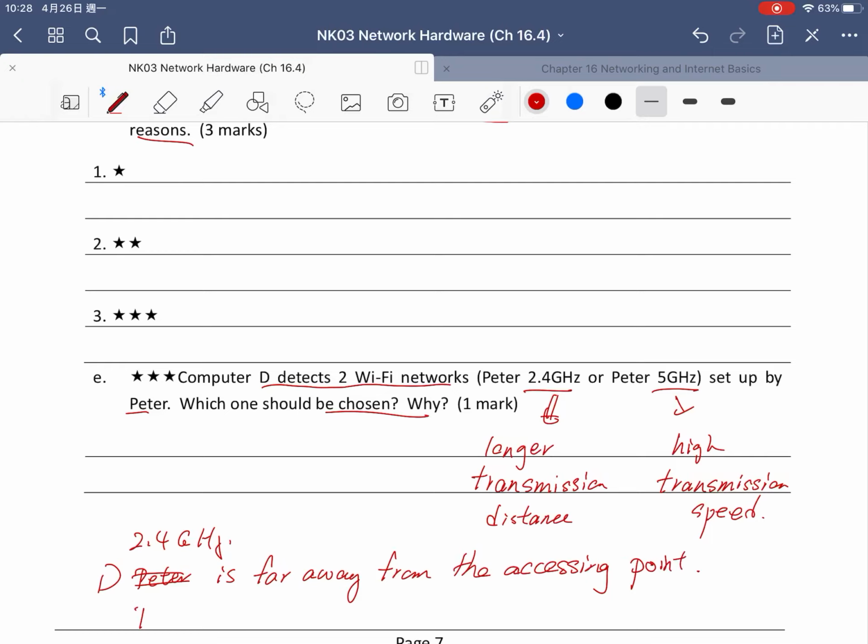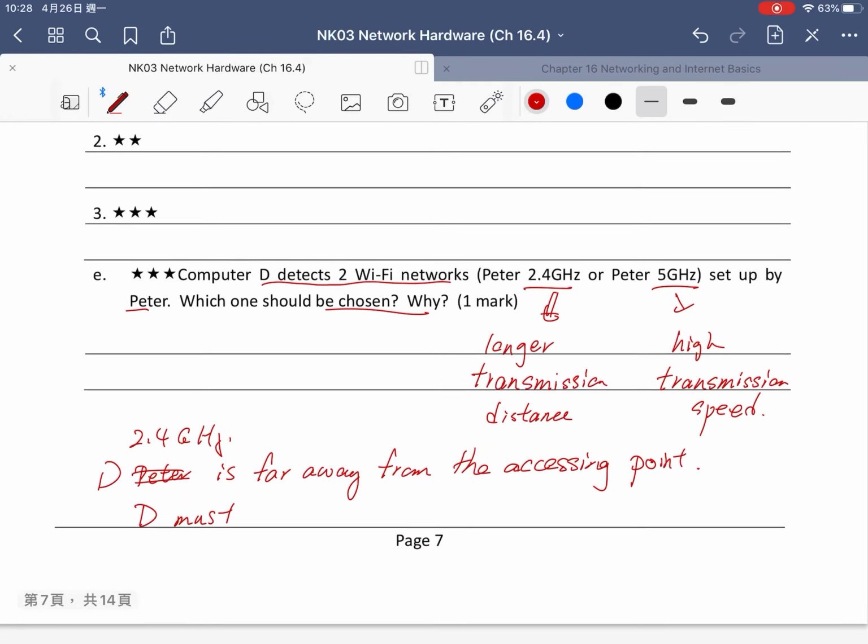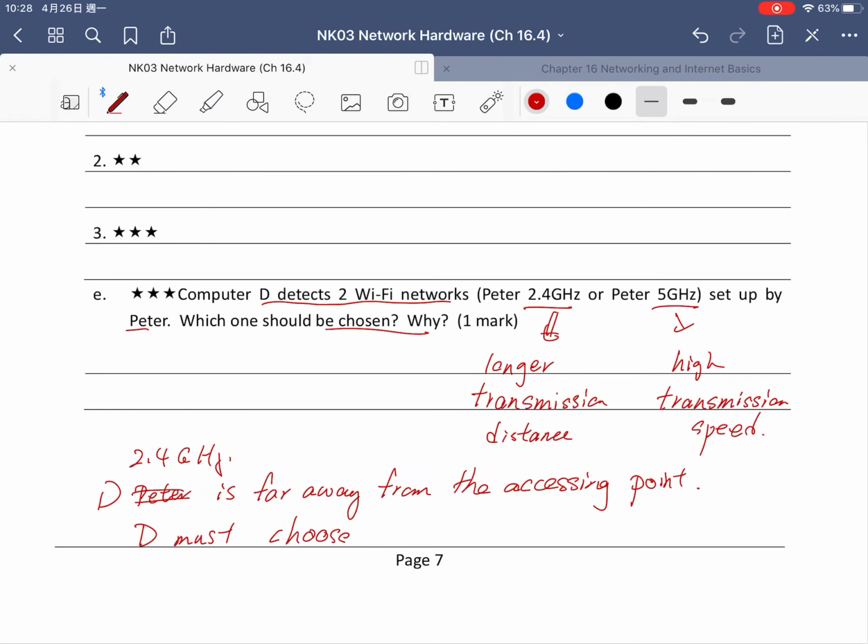So D must choose 2.4 gigahertz, which has a longer transmission distance. So if you choose 5 gigahertz, that means you want to have a higher transmission speed. You can download the file in shorter time.